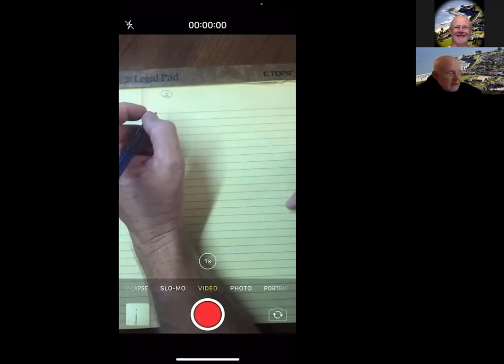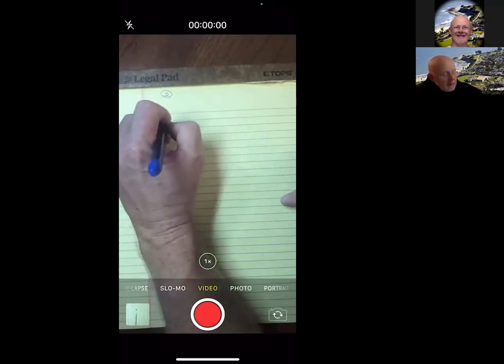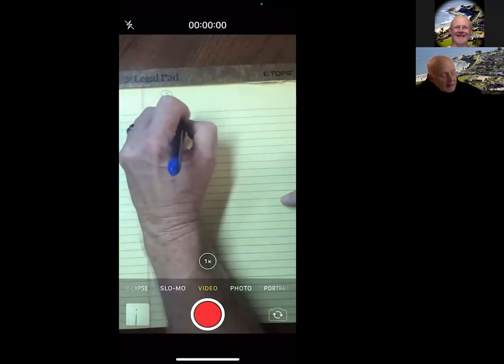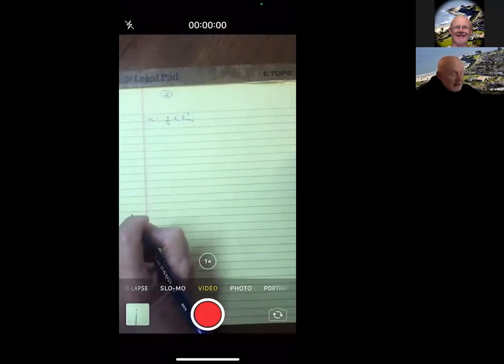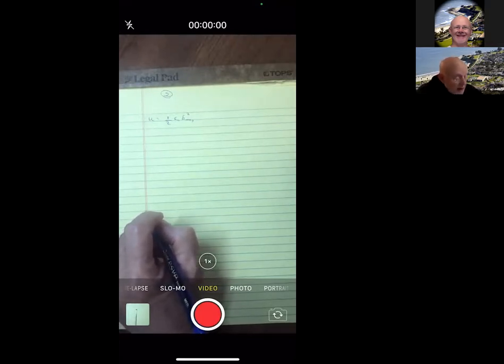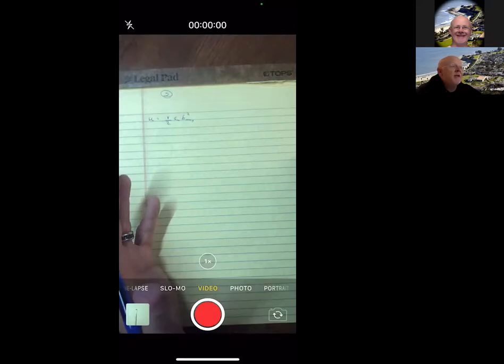One is the electric field, and the other is the magnetic field. There are different ways your author can write this. I'm going to write it this way.